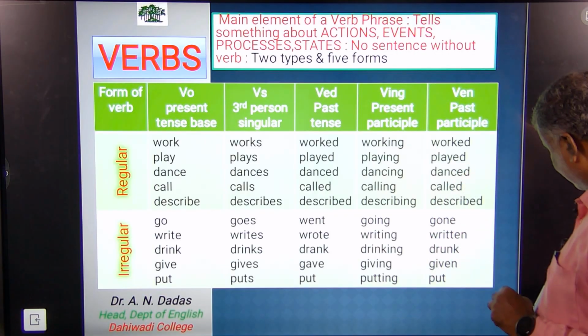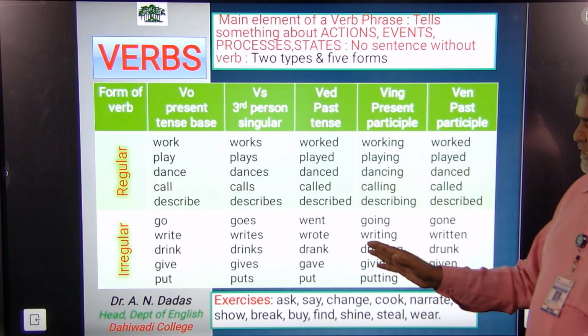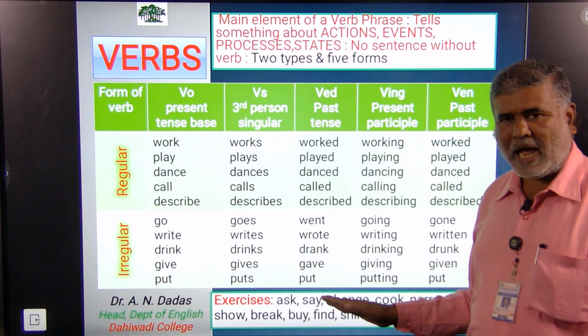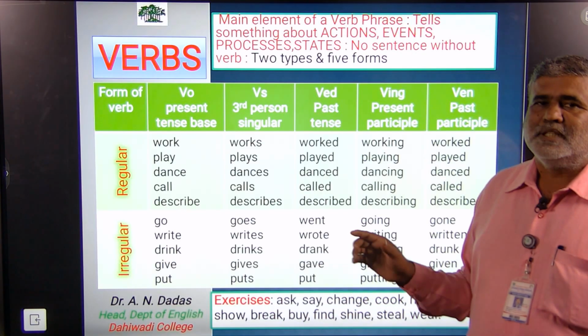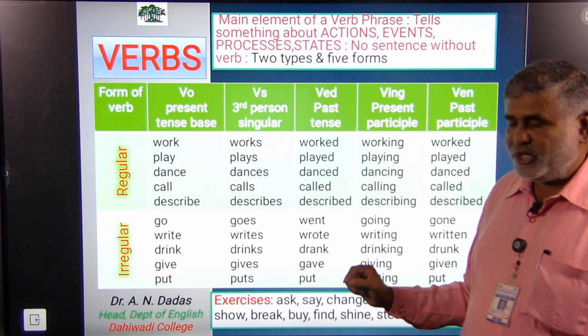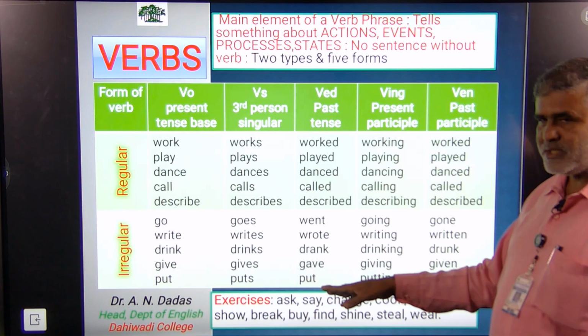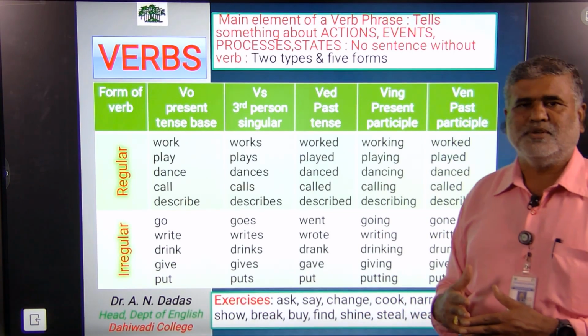Now we have an exercise here. These are some verbs, and you people have to classify those verbs into regular and irregular. You have to think over those verbs.